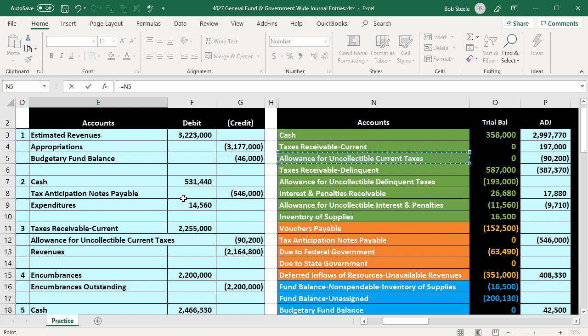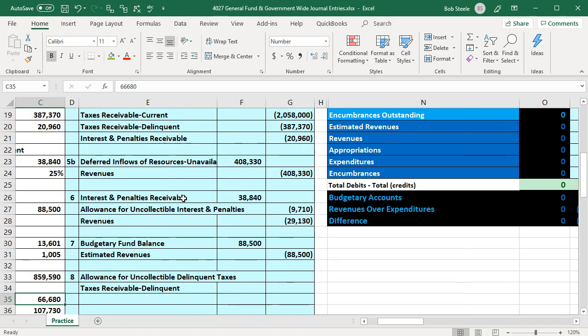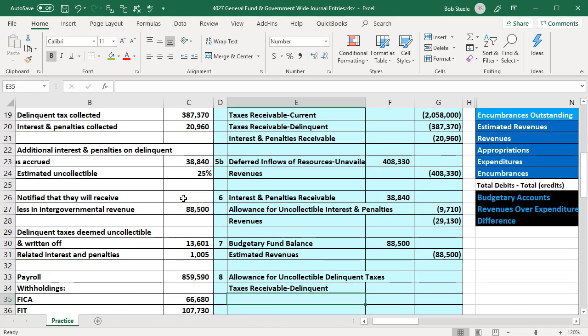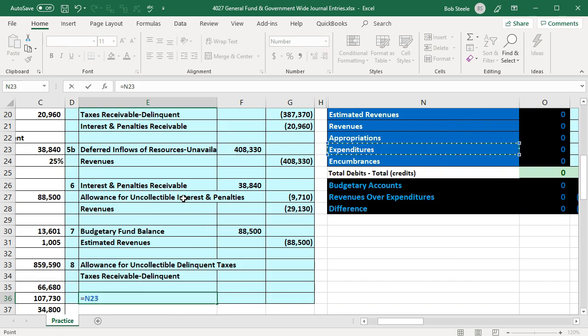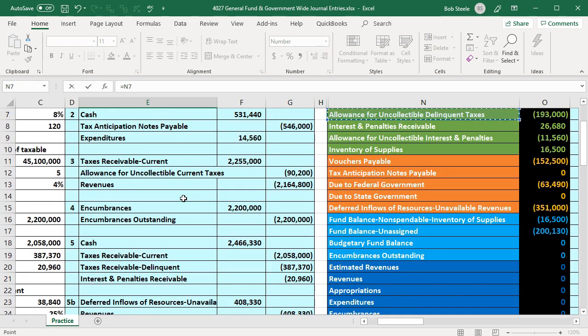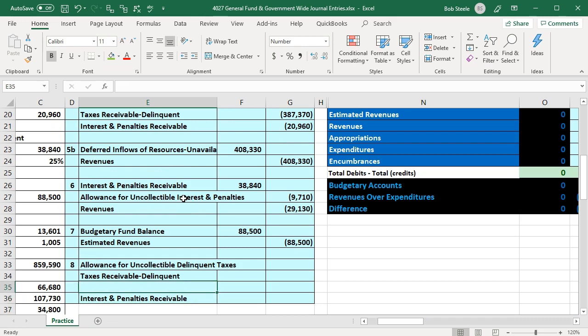So then we're going to say the allowance for the current. So there we have that. And then we're going to do the same thing for the interest and penalties: I'm going to say the receivable, and then the allowance.